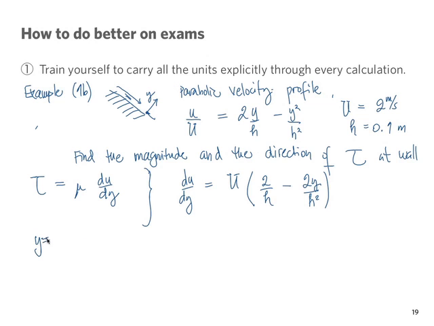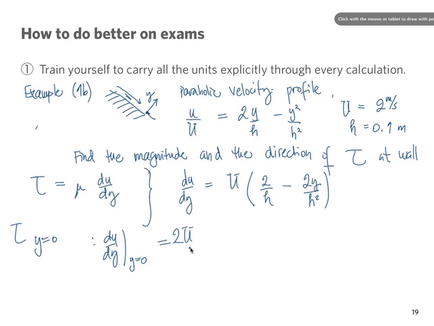And we want to find tau at y equals 0. So we evaluate du dy at y equals 0. And, well, we see we just get capital U times, let me write the 2 here, it's prettier, divided by H.